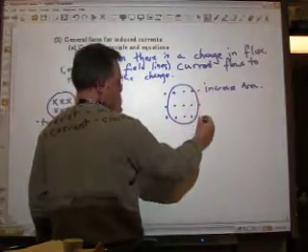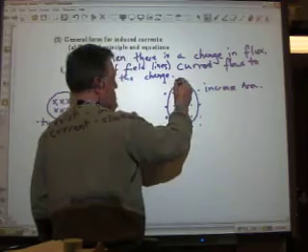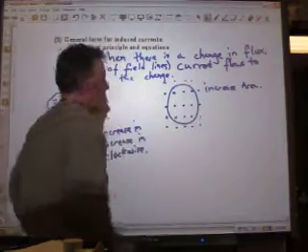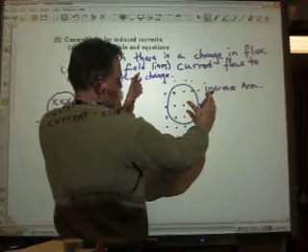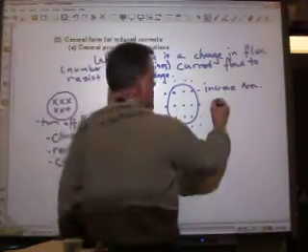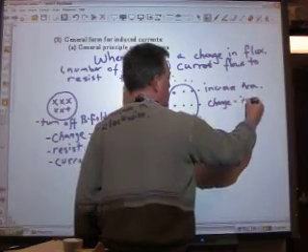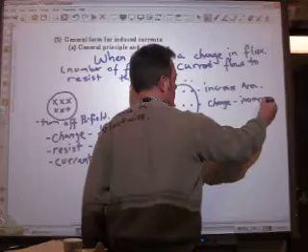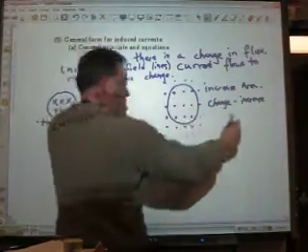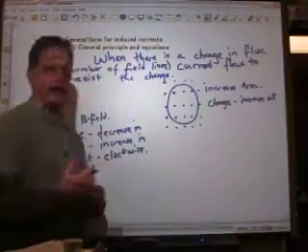So the magnetic field is very large and extends over a large area. If I increase the area of the loop, more of these lines are going to be inside the circle. So my change is to increase the number of lines, increase the flux, and those lines are pointing out. So my change is to increase the out.